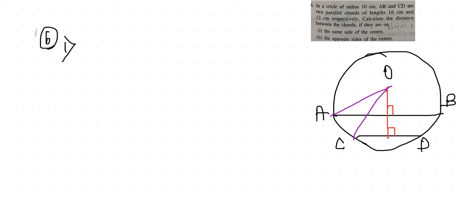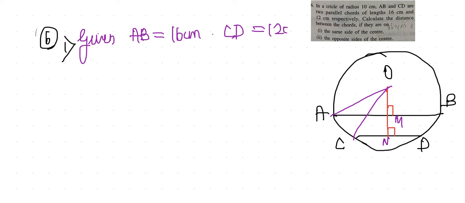So what are you going to write? First of all, you will have to specify the things that you are taking, because you have been given only AB and CD. Okay, so what you will be writing? Given. Even if you don't write given, it is fine. You can directly write, because this is not a proof question. So write down given AB is equal to 16 centimeter and CD is equal to 12 centimeter.